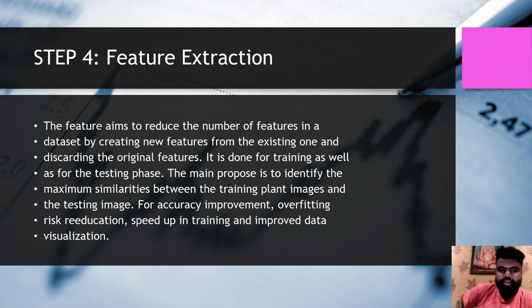Feature extraction aims to reduce the number of features in the data set by creating new features from the existing ones. It is done for the training as well as the testing phase. The main purpose is identifying the maximum similarities between the training plant images and the testing images for accuracy improvement, lowering risk, speeding up training and improving data visualization. In feature extraction, all these things are done.